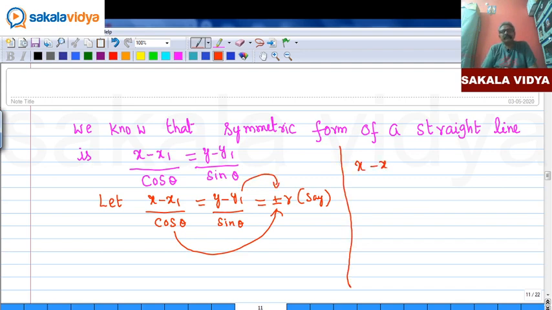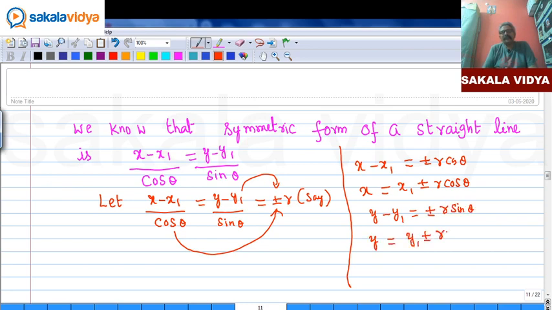X minus x1 is equal to plus or minus r cos theta. X is equal to x1 plus or minus r cos theta. Similarly, y minus y1 equals plus or minus r sin theta. Y equals y1 plus or minus r sin theta.